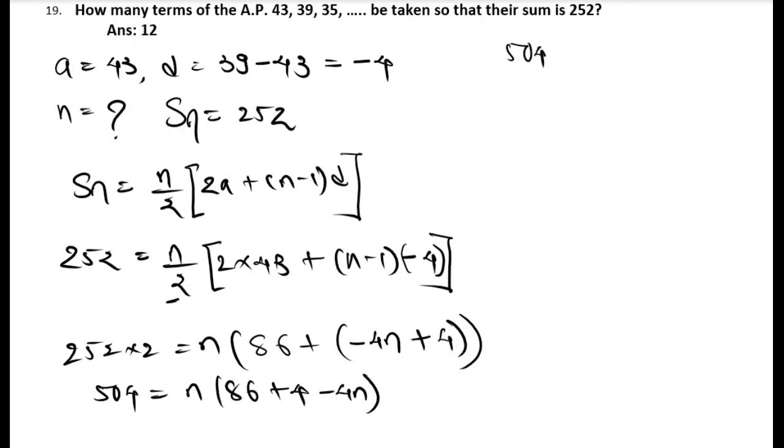So this will become 504 is equal to 86. Sorry. Again. See, 86 plus 4 is 90. And 90 into n is 90n, and minus 4n square.